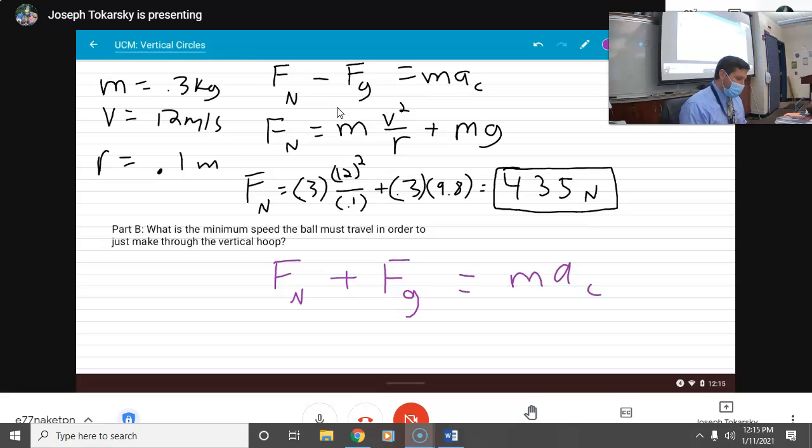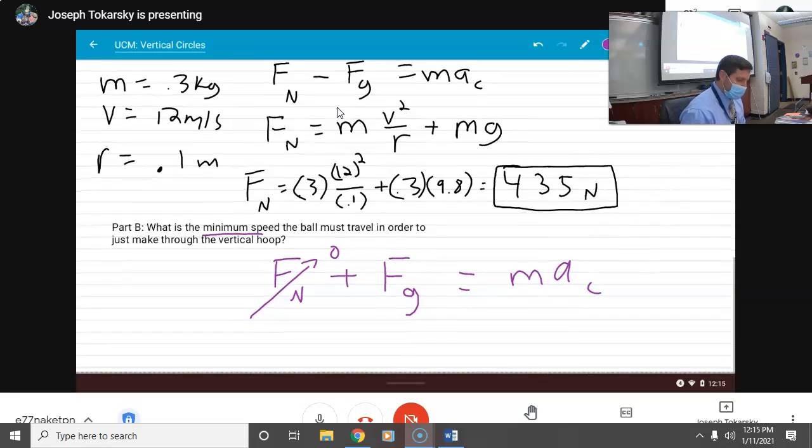But when I want that minimum speed, that's when I set this equal to 0, because for a brief moment as you pass through at the minimum, whatever's making you go in a circle hits 0. Only for a moment. When you're leading up to it and past it, it's not anymore. But just at that moment where that would be 0, you just make it through.